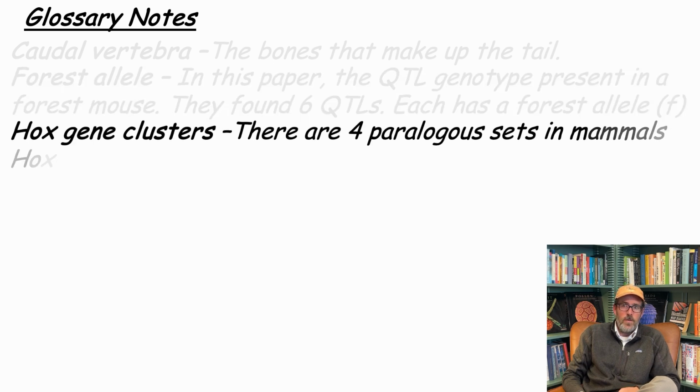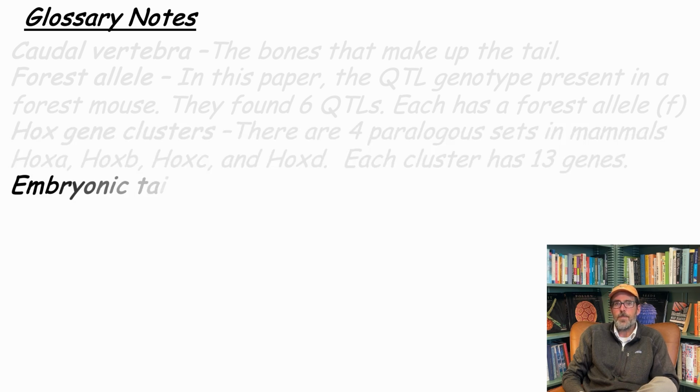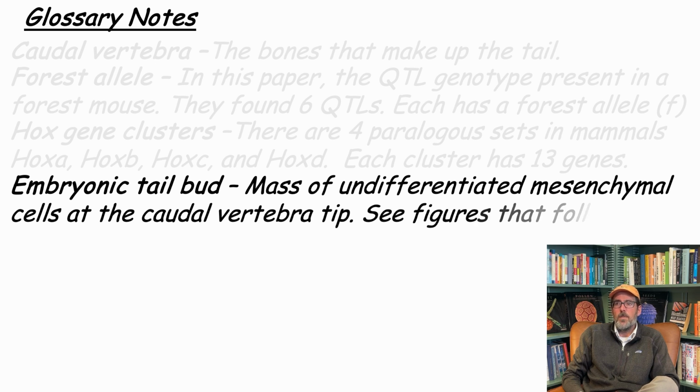Hox gene clusters, just important to know that there's 4 clusters in mammals, and humans have 4 clusters. They're labeled A, B, C, and D, and each cluster has approximately 13 genes, and we'll see this in a slide coming up. The embryonic tail bud is the mass of undifferentiated mesenchymal cells at the caudal vertebra tip.